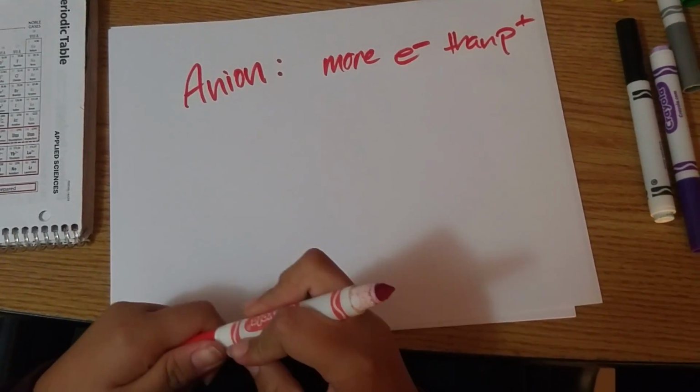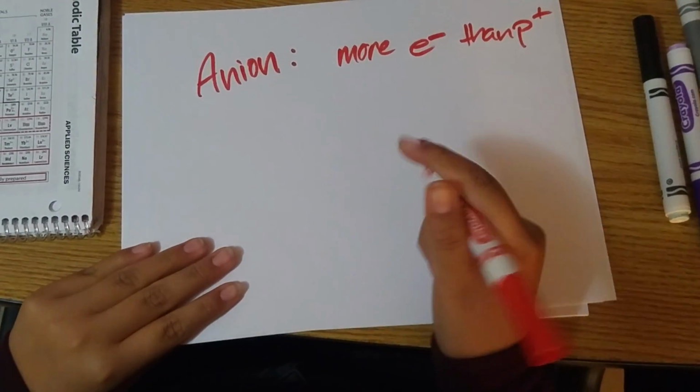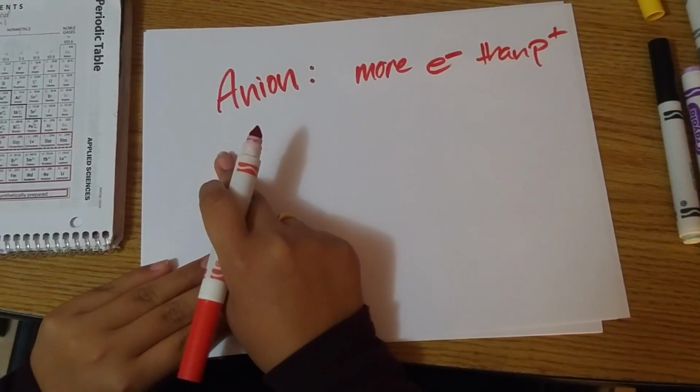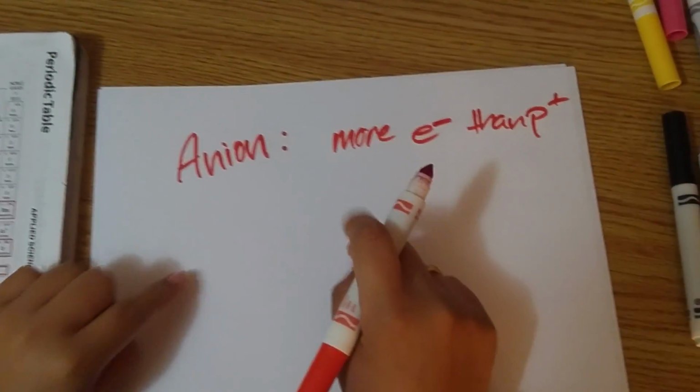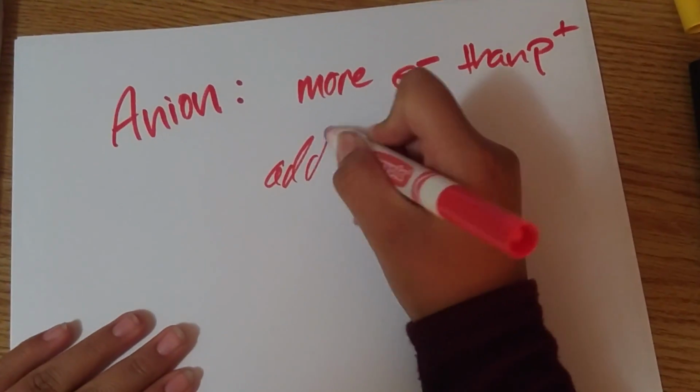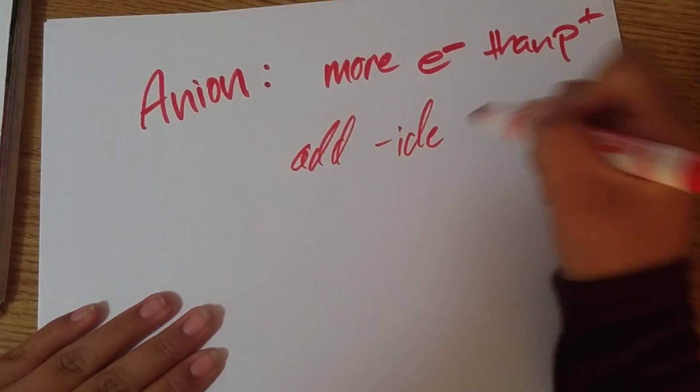These are formed when atoms gain electrons. And these are special because when you write them out together with a separate element, you have to add the "ide" ending.